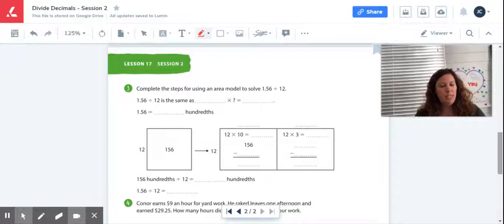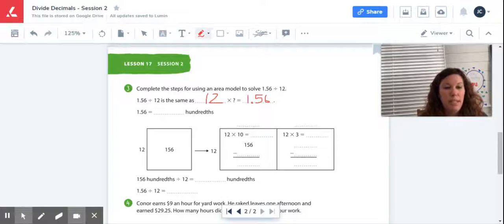So 1 and 56 hundredths divided by 12 is the same thing as 12 times a number that we don't know yet is going to equal 1.56. So I've just changed my division problem into a multiplication problem.